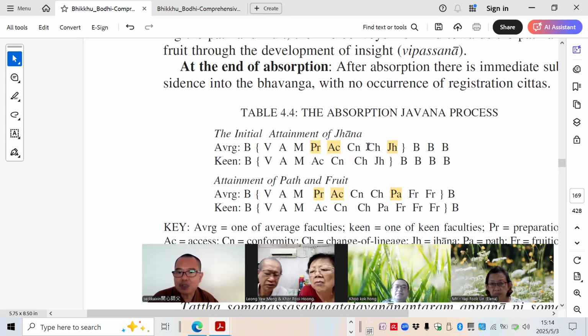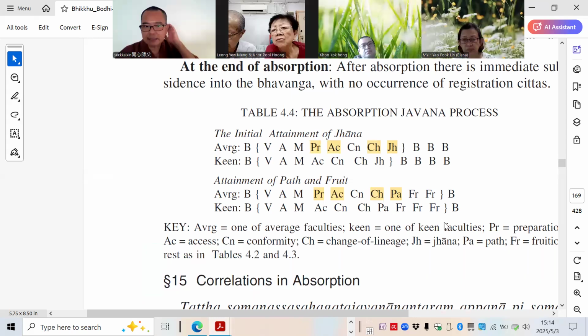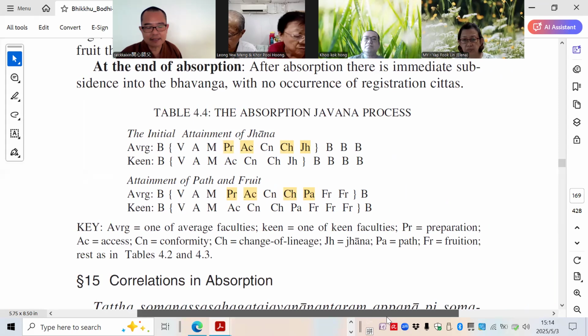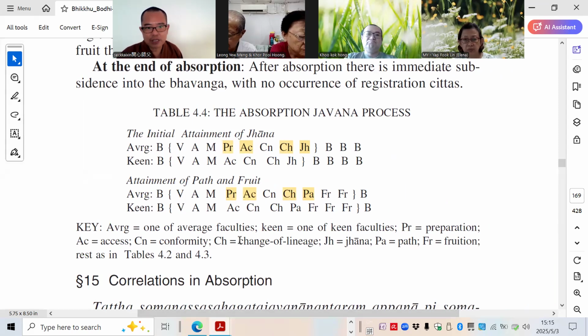Okay. CH means change of the lineage. What lineage changes? From the Kamavacara to the Rupavacara, that changes the lineage. And this is also change of the lineage, from the normal human being to become a sage. So it's a sage, change of the lineage. I like this very much, change of the lineage. Next, class, you see, this is what we call the footnote. CN is the conformity.